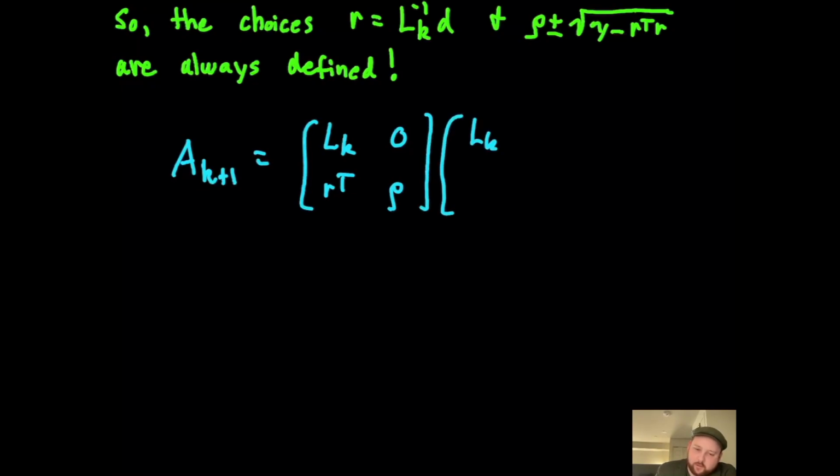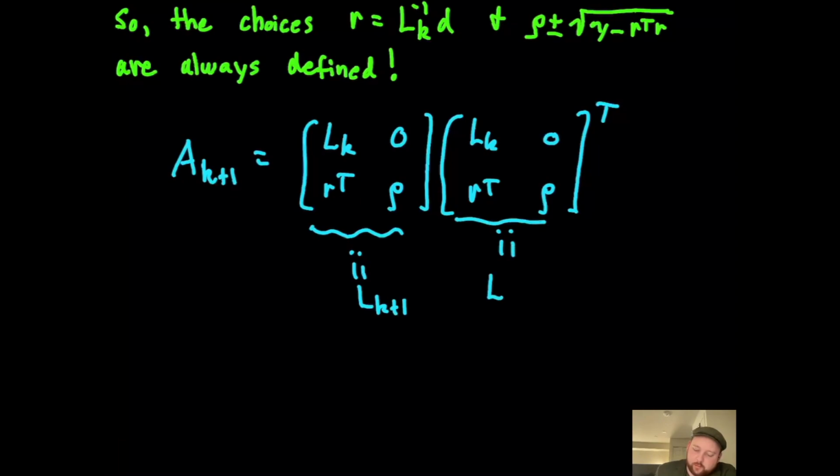So [L_k R transpose; rho 0] transpose. And we're going to call this L_{k+1}, and this is going to be L_{k+1} transpose. Right, so we're good to go.